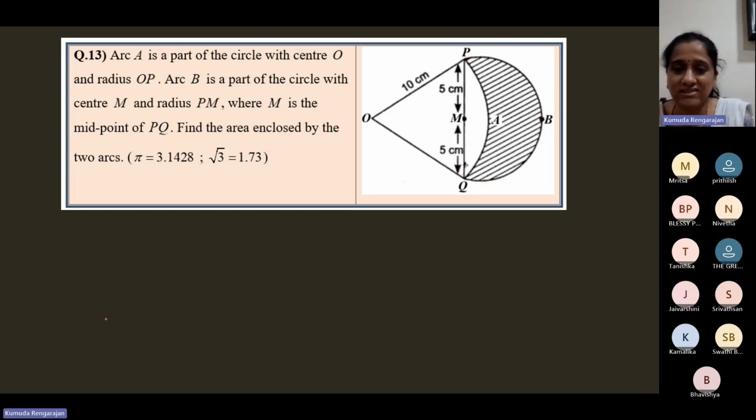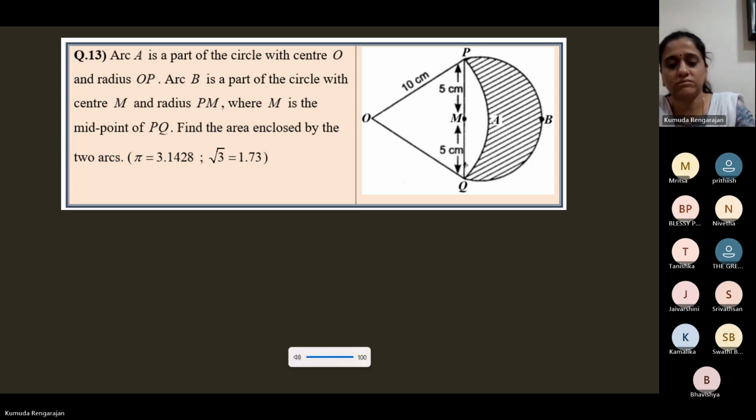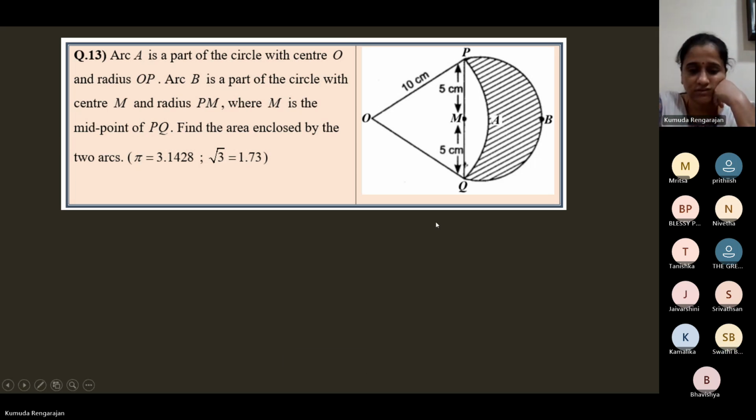Now, can anyone tell me the sector angle? What is the sector angle? Correct, Swati.